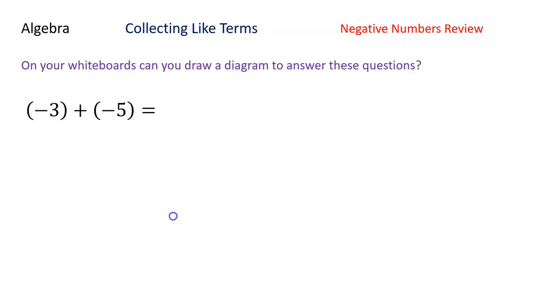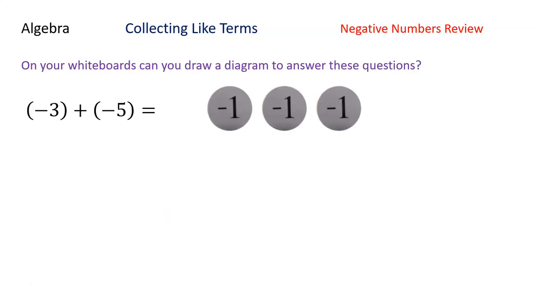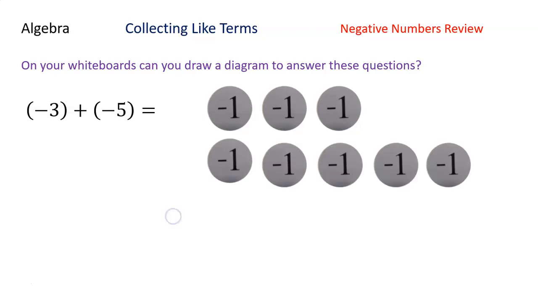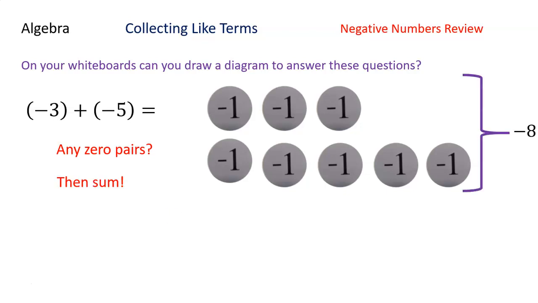So you should have drawn 3 negative ones to represent -3 and 5 negative ones to represent -5. You should have looked for any zero pairs, and there aren't any in this case, and then summed to find -8.